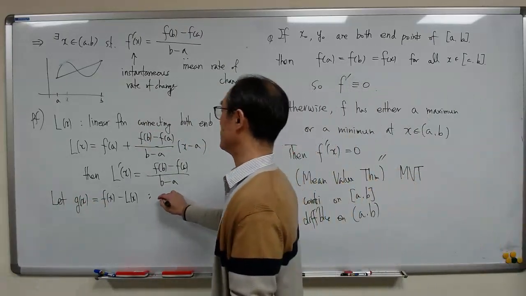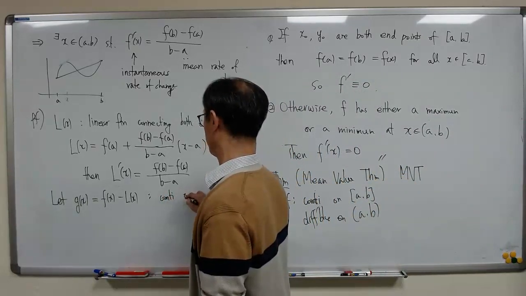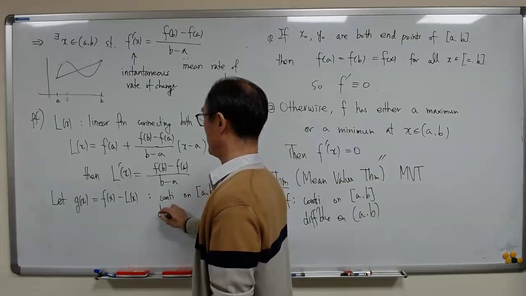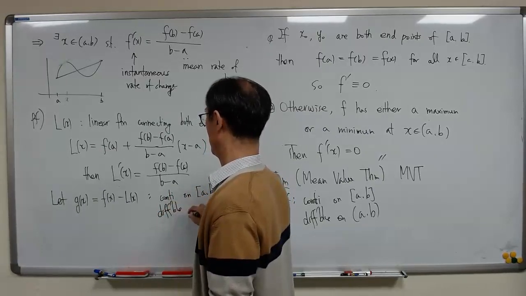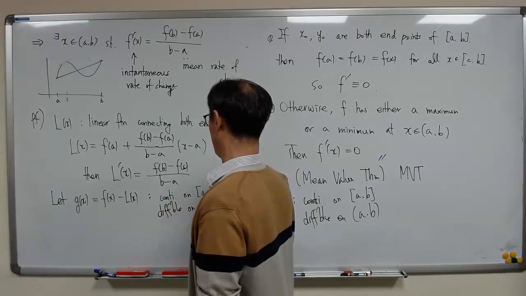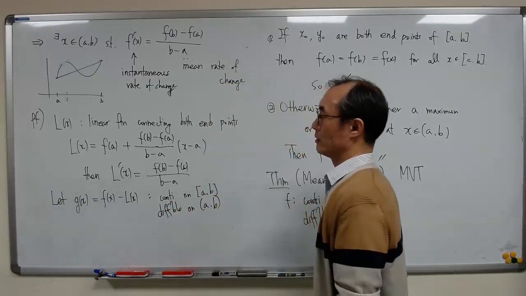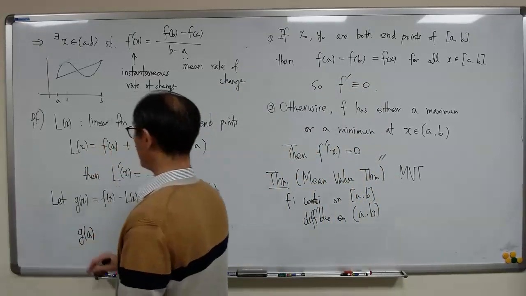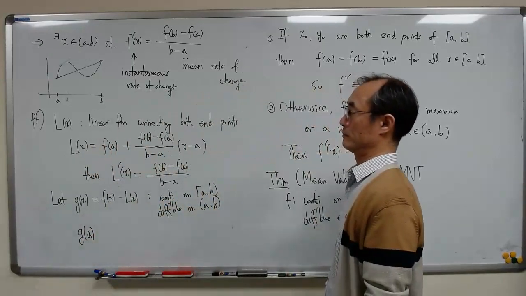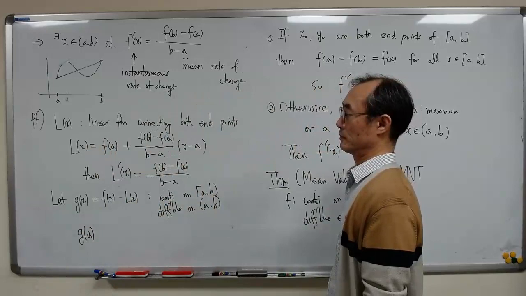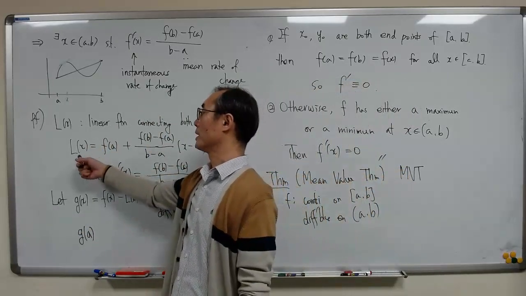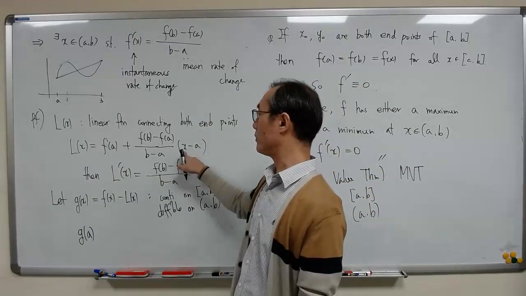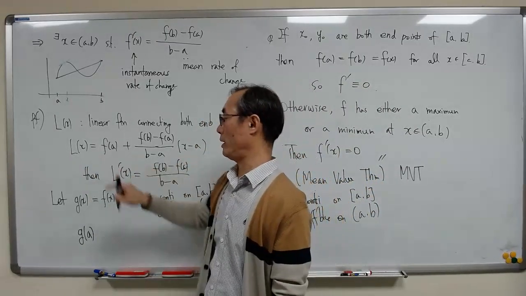This function is also continuous on a closed interval and differentiable on an open interval. Moreover, consider g of a. This function L of a, if you put a for variable x, you're going to get f of a.